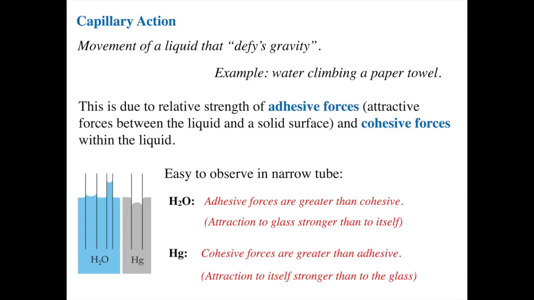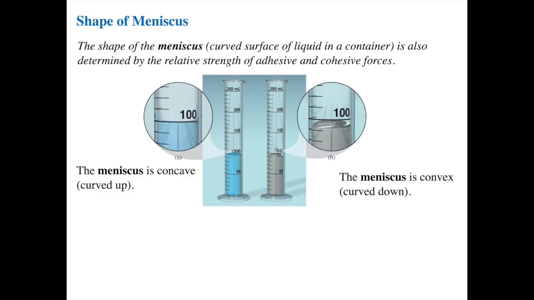If you looked closely at these pictures, you saw the curvature of the liquid in the tubes. That's called a meniscus, and that's the same phenomenon. At the top of the liquid in the tube, we see the curvature of water. Its meniscus is concave, and that's for the same reason we have capillary action in the glass tube.